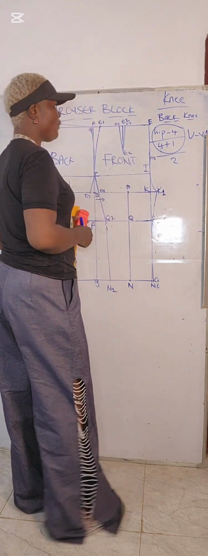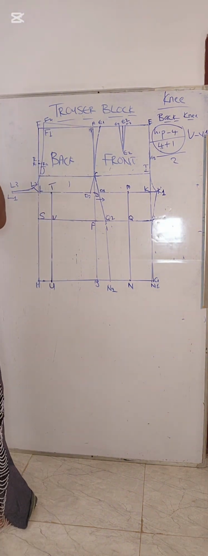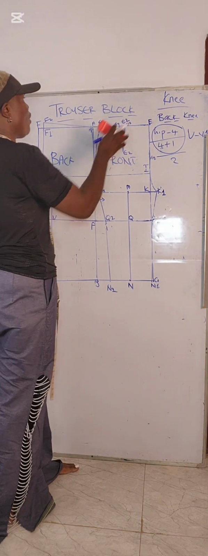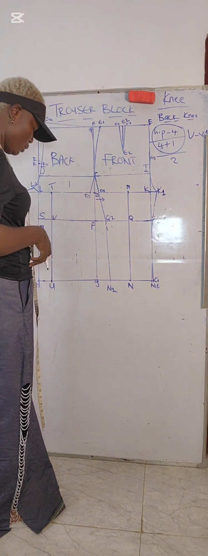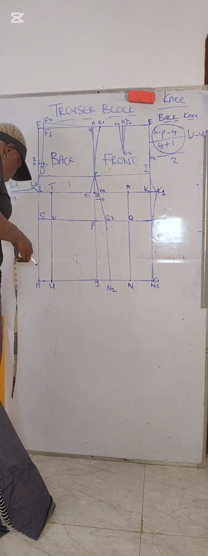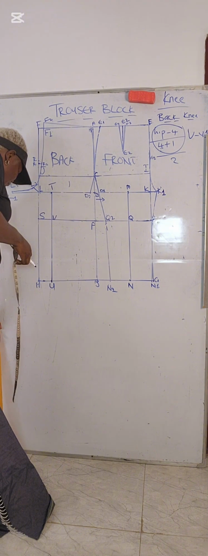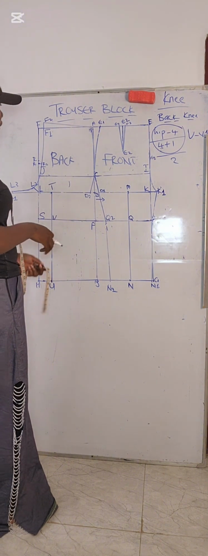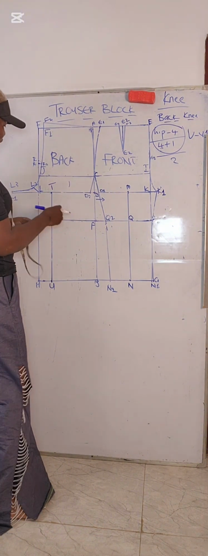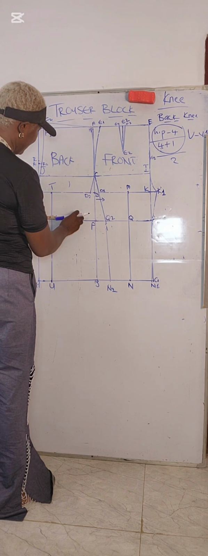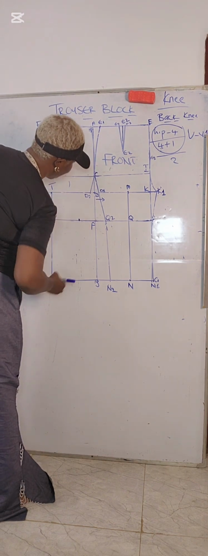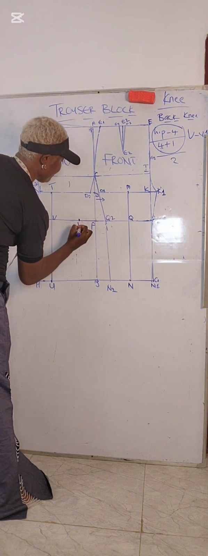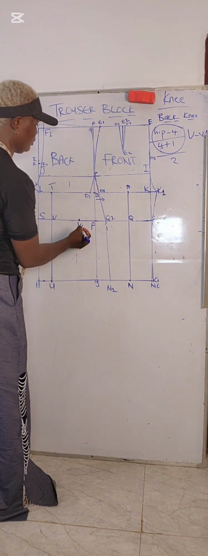The 5.5 is V to V1 for my round knee measurements. I'll come here and input my 5.5. Here is my V1.